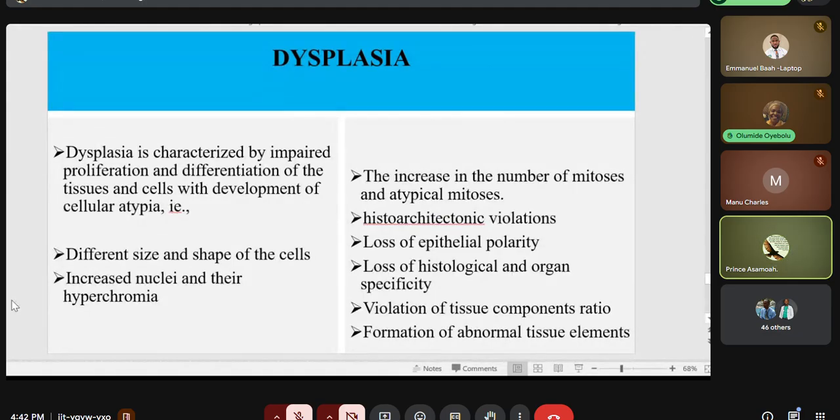With hyperplasia, there is an increase in the number of cells. The sizes have not increased, but their number has increased. I hope you get the difference now. Yes, sir. It's okay.